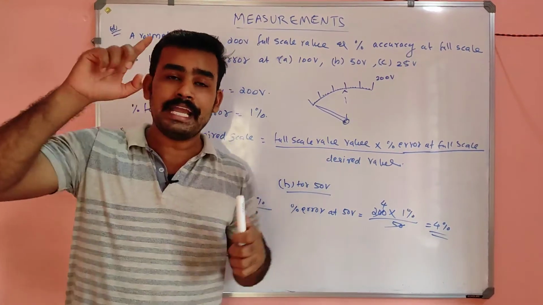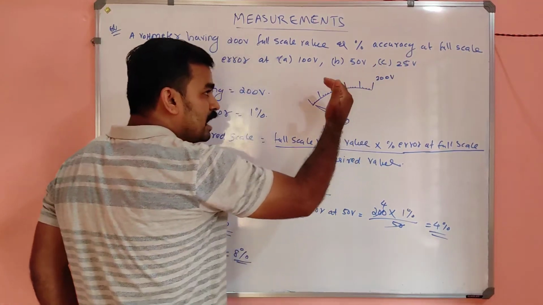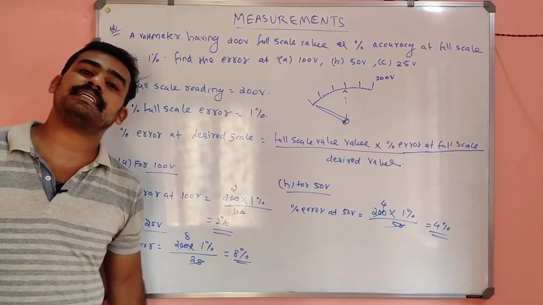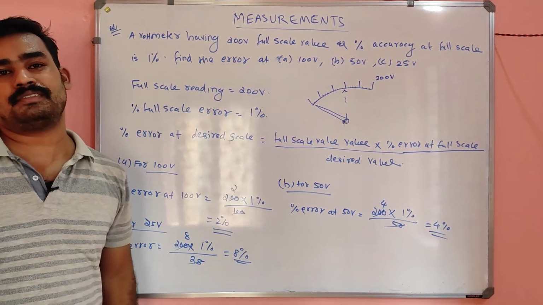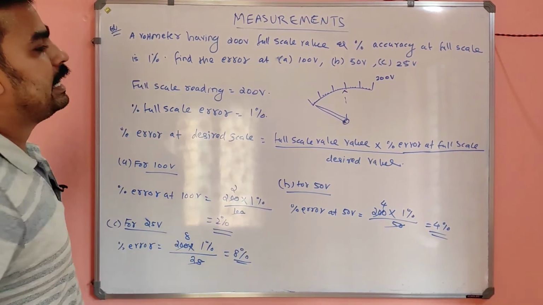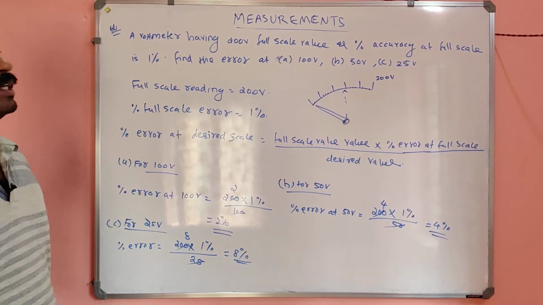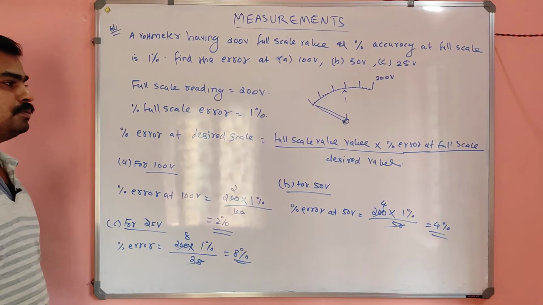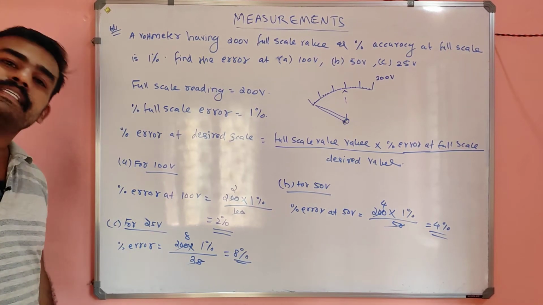So for 1 by 8 of the full scale value, if you measure, that means the lower the value you measure, the higher will be the percentage error. That is the conclusion you obtain from this. Is it clear? So any error for any desired value you can find by using the equation: percentage error at a desired scale is equal to full scale value into percentage error at full scale divided by desired value.